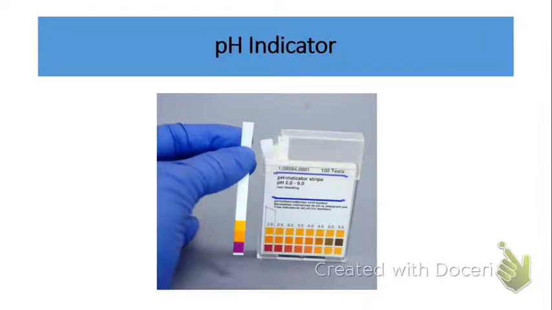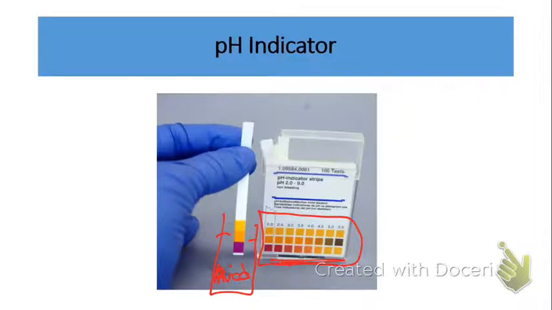Another way to use a pH indicator is to have what are called pH indicator strips. These are pieces of paper that have been dyed with a particular indicator, and when you put the pH strip into the test tube or whatever container the acid or base is in, so we'll say acid here, that pH strip is going to change color, and then you take that colored strip and compare it to a chart that has the different colors that indicate what pH it is.